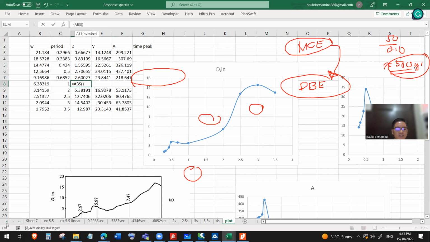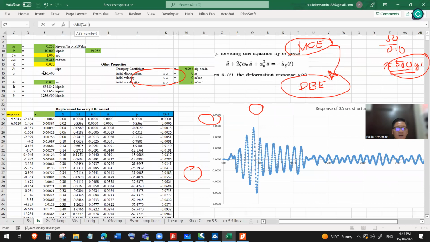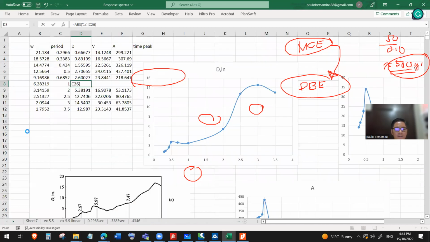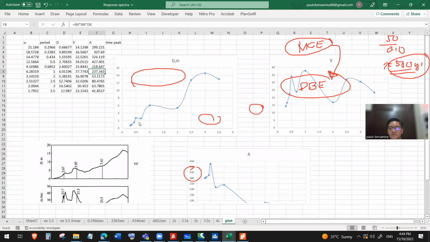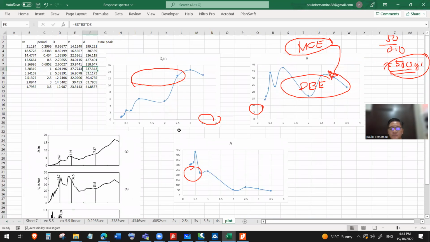So peak deformation, 1 second here. Ito, yung 6 inch, no? 6 inch. And then enter. Then copy paste this. Ayan. Nasama na ba siya? Yan.